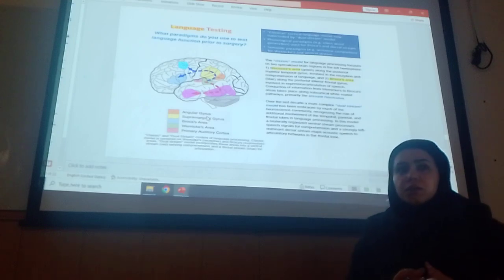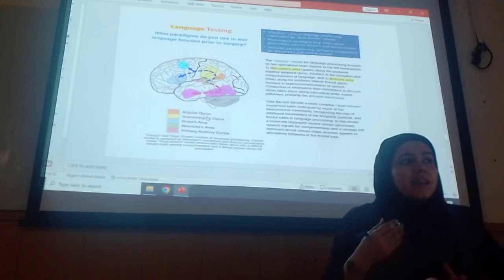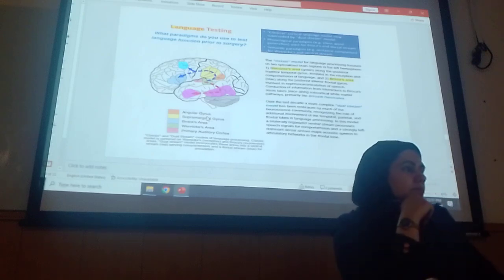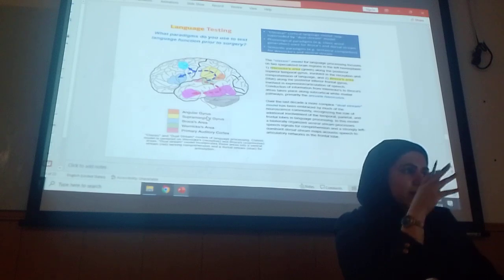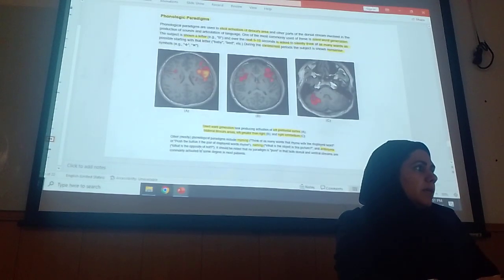Sometimes we want to know about the areas involving language, vocal, pharynx. We can map these areas. For example, with phonological paradigms, we can localize activation of the vocal area.